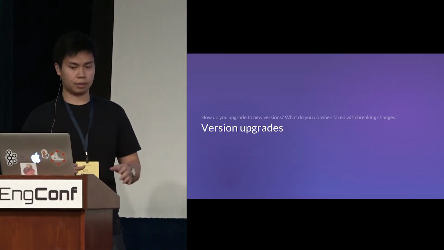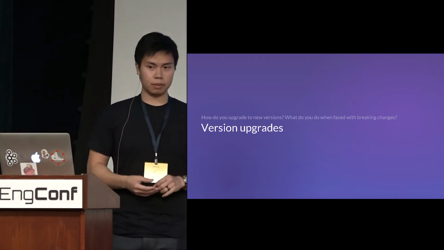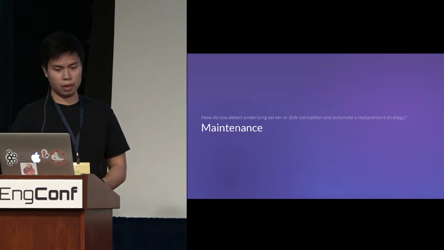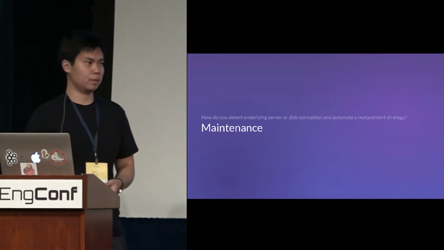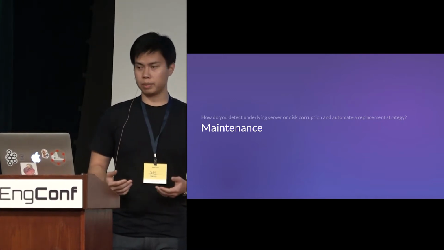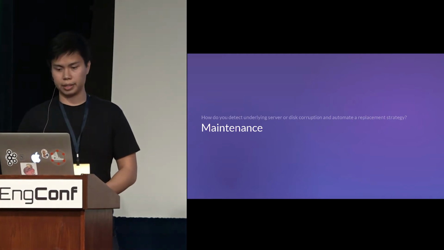Forget about everything else. How do you upgrade to a new version of Kafka? And more specifically, what do you do when faced with breaking changes? And lastly, how do you detect when the underlying servers or disk have been corrupted, and then proceed to automate some sensible replacement strategy?